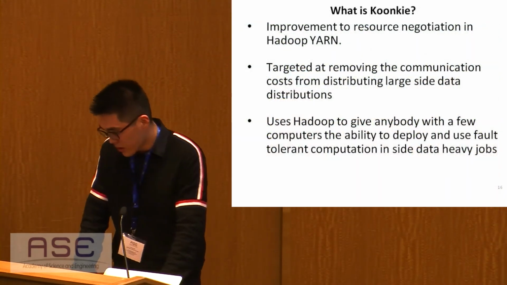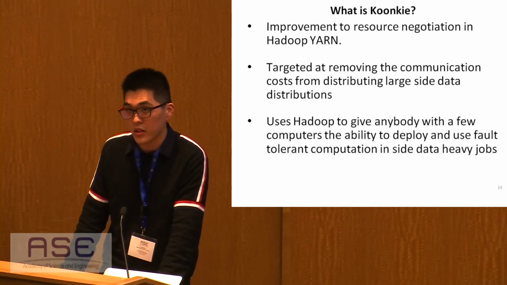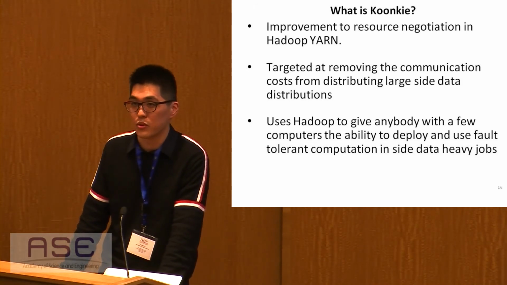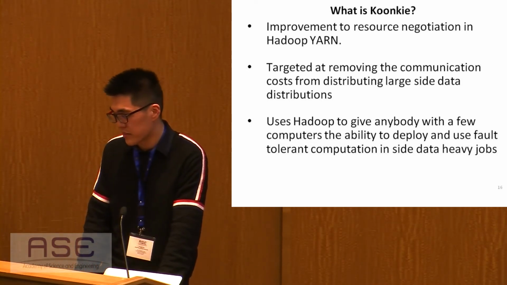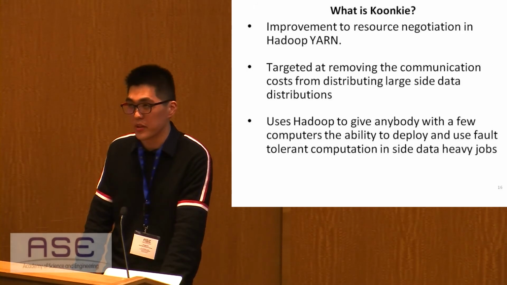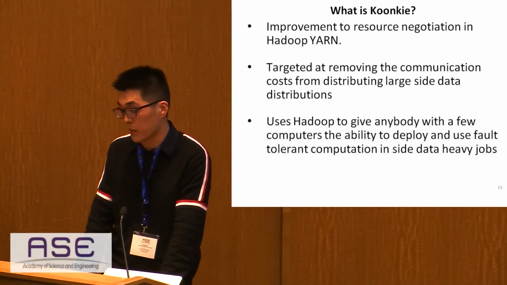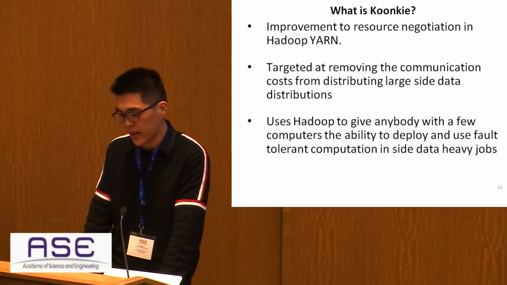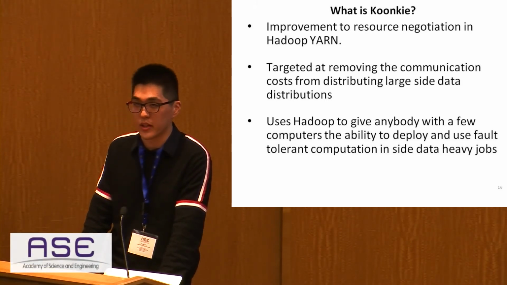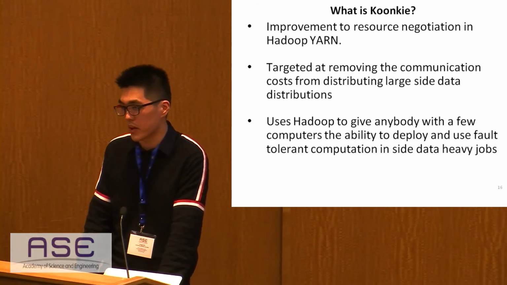In particular, Koonkie is a set of improvements that we implemented to the Yarn resource management system, targeted specifically at removing the communication cost of downloading the side data for each job. We're hoping this will allow people to turn any set of computers they have access to into an ad hoc grid or cluster for biological needs.